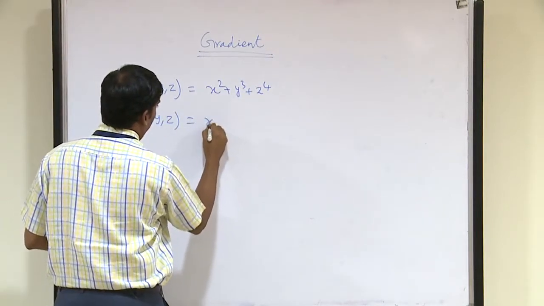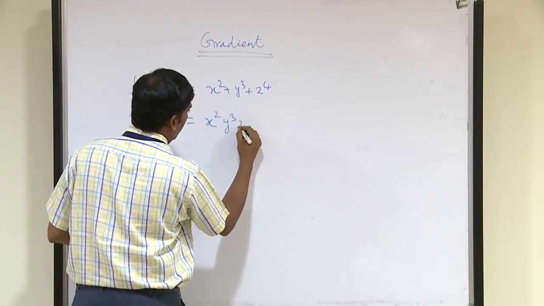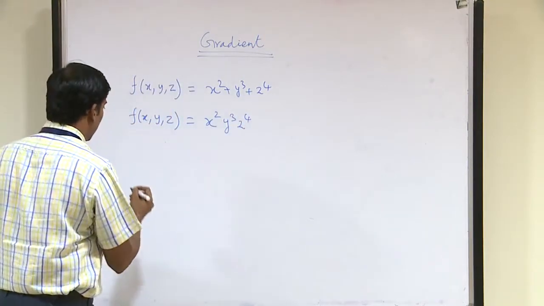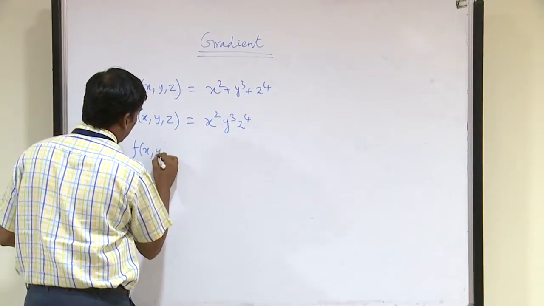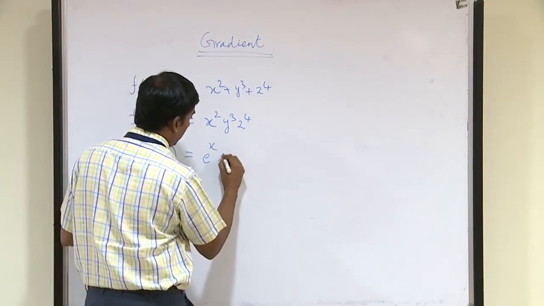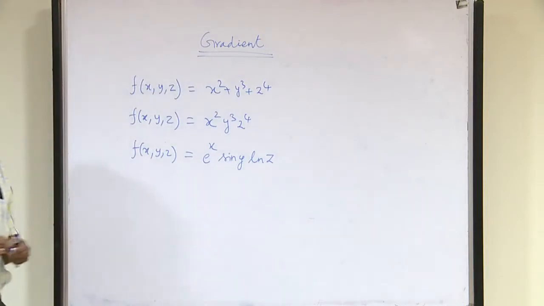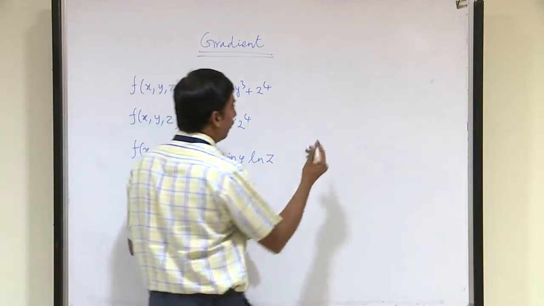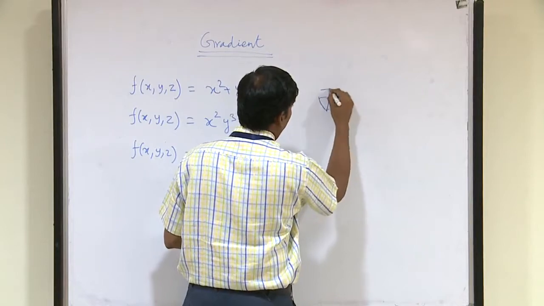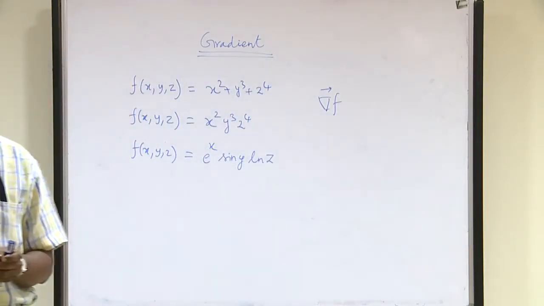Function f of x comma y comma z is equal to x square y cube z power 4. Function f of x comma y comma z is equal to exponential of x sin y and ln z. Try to find gradient del f in all the 3 cases and tell me the answers.